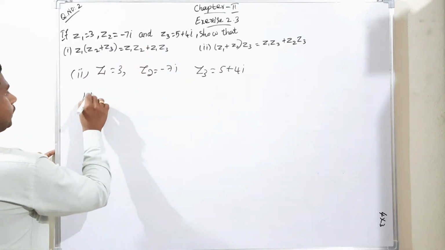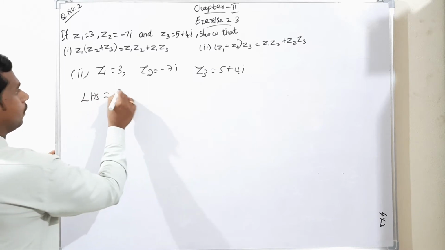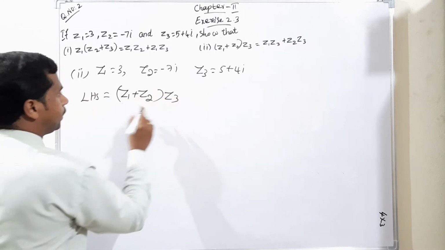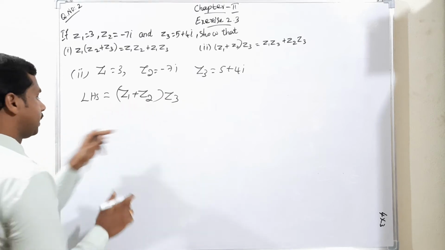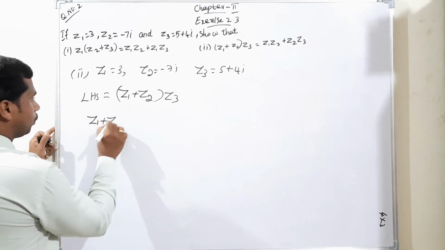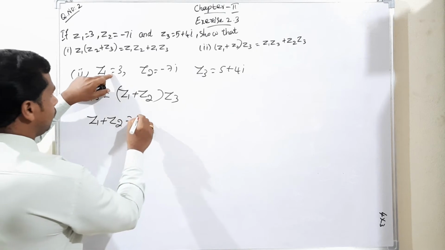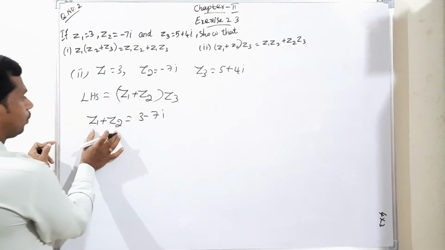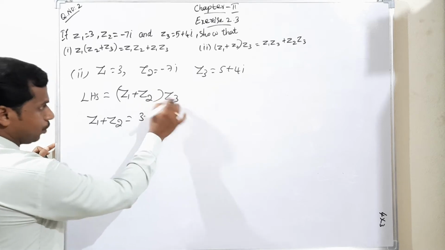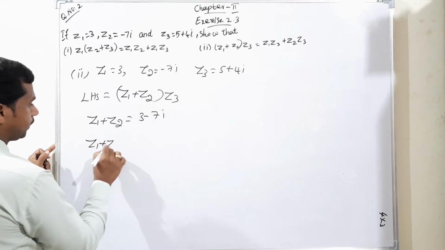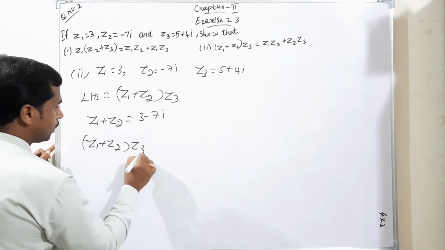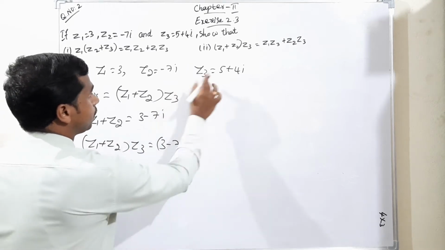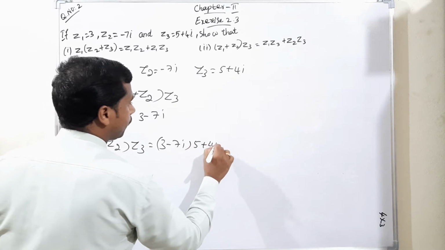Subdivision 2, LHS is equal to Z1 plus Z2 into Z3, isn't it? First I take Z1 plus Z2, so Z1 plus Z2 is equal to 3 minus 7i. Okay, now after getting Z1 plus Z2, multiply into Z3. So Z1 plus Z2 into Z3 is equal to 3 minus 7i into Z3, which means 5 plus 4i.